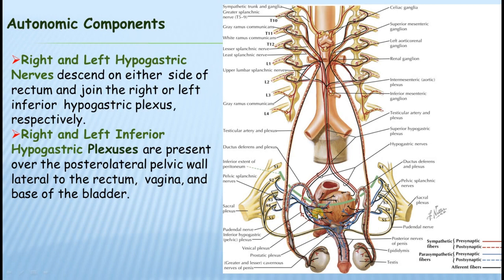Now apart from that, S2, S3, S4 supply the bladder. It is the nerve of filling as well as the nerve of emptying. Okay, nervi erigentes. They are called nervi erigentes because they are mainly responsible for erection of the penis, which is a parasympathetic function, whereas ejaculation is a sympathetic component.